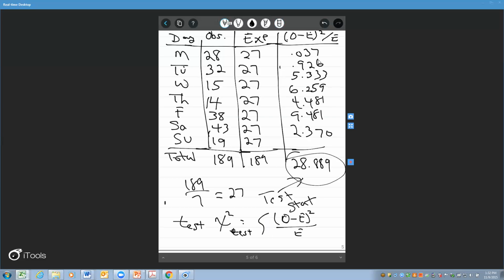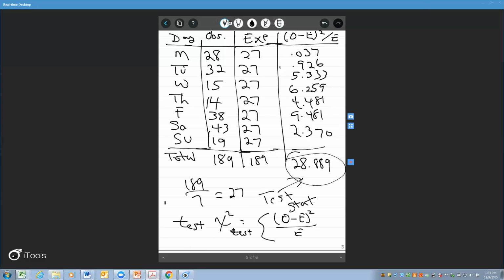So we did each one of these items here, and then we added up that column, which gave us the sum. Note that if we want a critical value, there were 7 days of the week here. That means there are 7 categories. There are then 6 degrees of freedom.